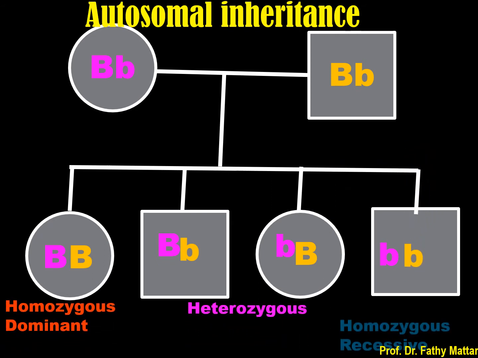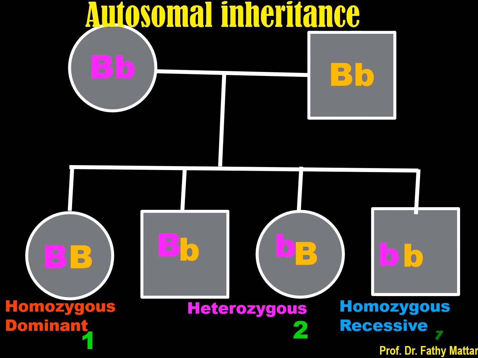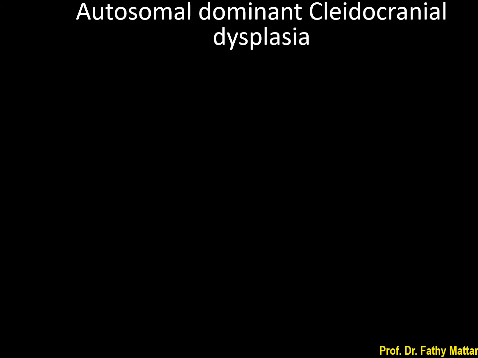And so we will have homozygous dominant, heterozygous, and homozygous recessive, and the ratio between them is 1 to 2 to 1.